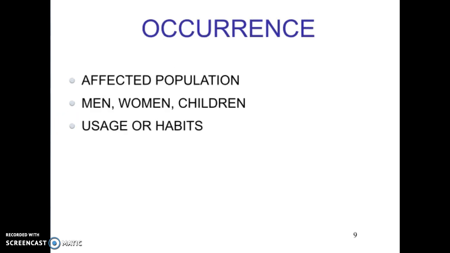The occurrence of stains deals with the affected population. So sometimes we see certain types of stains associated with men, some with women, some with children, some with all. So depending on habits, certainly smokers stain, men and women smoke. Women and children, black line stain tends to affect them more than men.